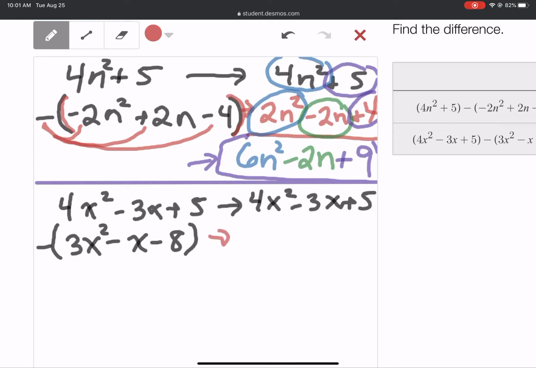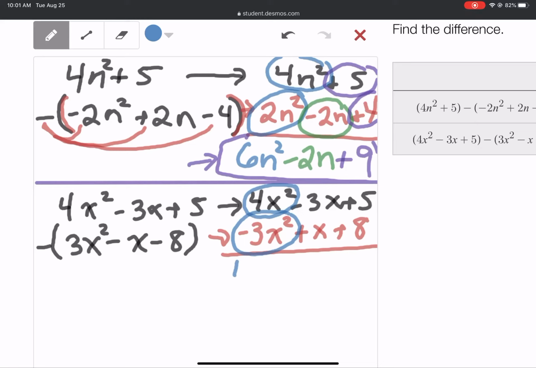So 3x squared was positive. Now it's negative. The negative x becomes a positive x. And the negative 8 becomes a positive 8. So now let's combine terms that are alike, like terms, combining like terms. 4x to the power of 2 plus a negative 3x to the power of 2.